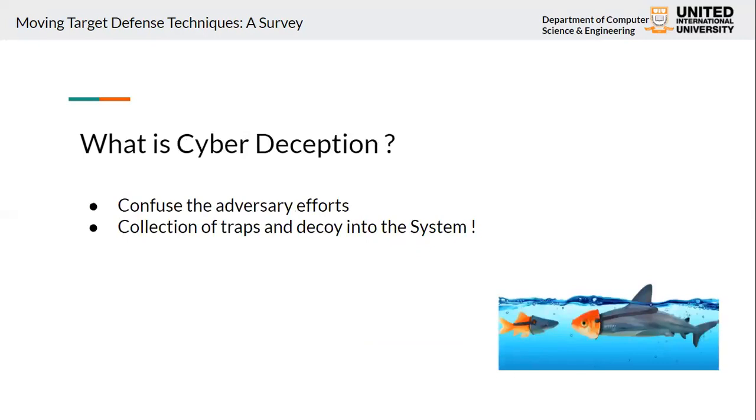Cyber deception is the deliberate and controlled act to conceal our networks, create uncertainty and confusion against the adversary's efforts to establish situation awareness, and to influence and misdirect adversary perception and decision process. It's basically a defensive practice to deceive attackers by distributing a collection of traps and decoys across a system infrastructure.